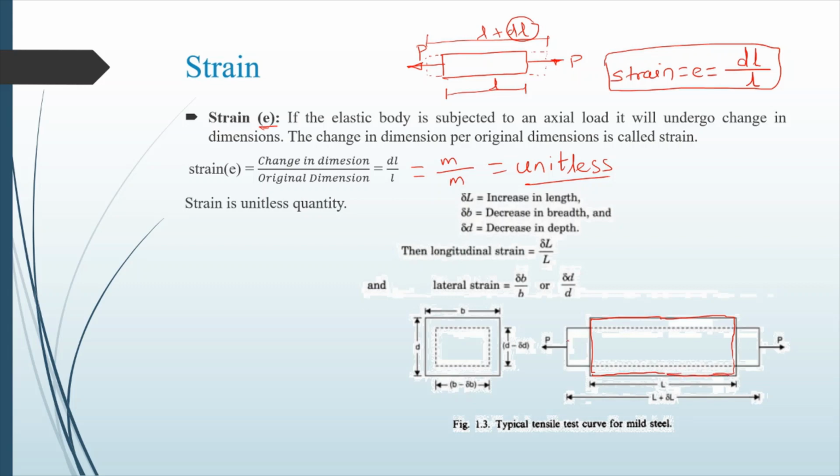This cross section will be a rectangular cross section with width B, height or depth D, and length L. So here you can see the length L is there. When the force P is applied on the component, its length will change from L to L plus DL.